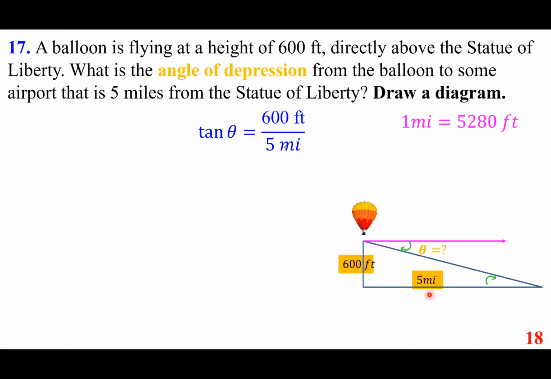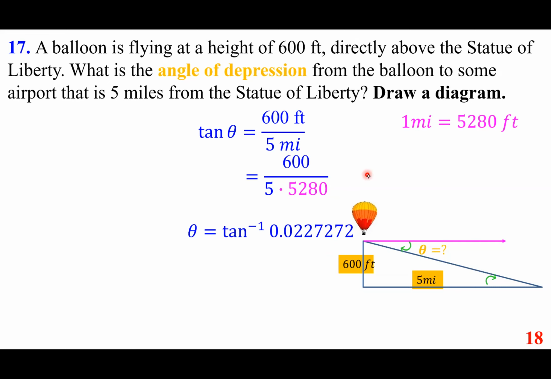So we change this to 5 times 5,280 feet. And it gives us 0.0227272. I used a lot of decimals. So this is the answer to that.